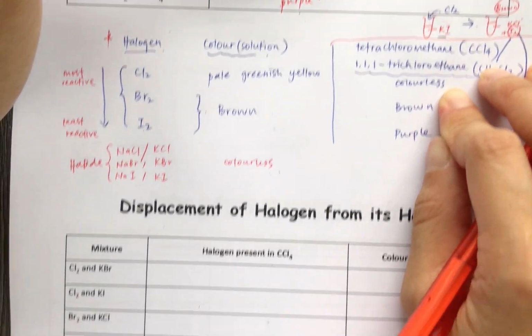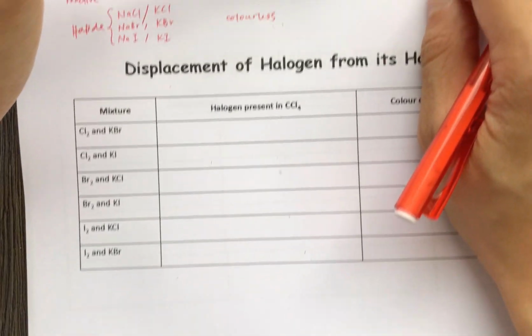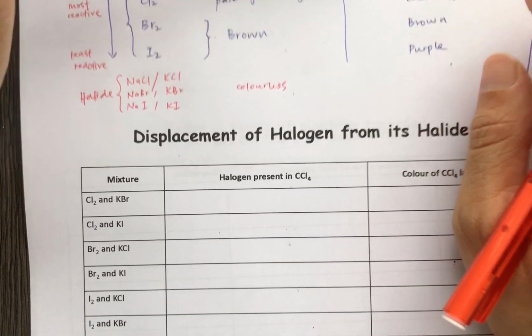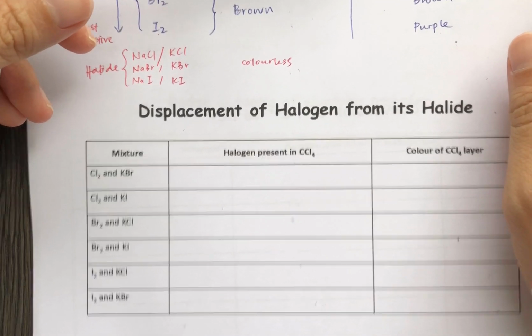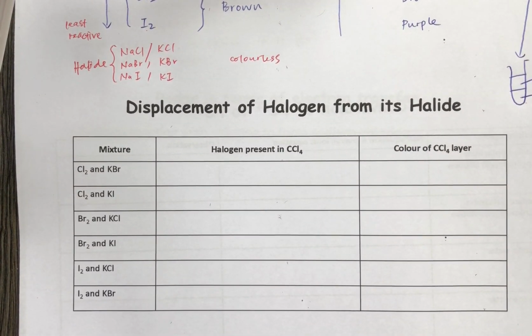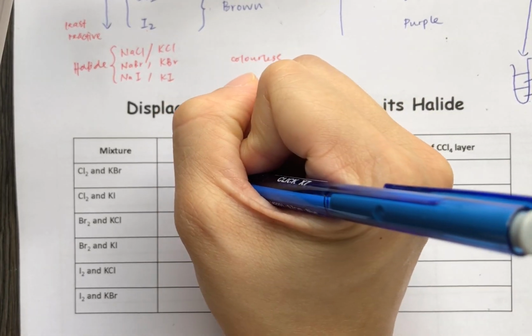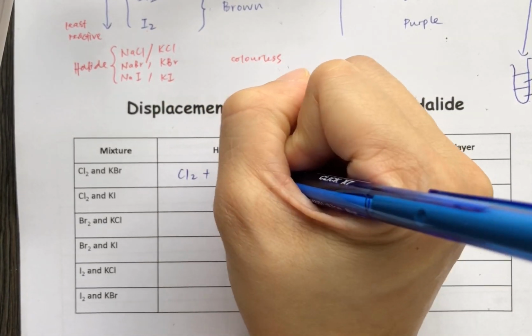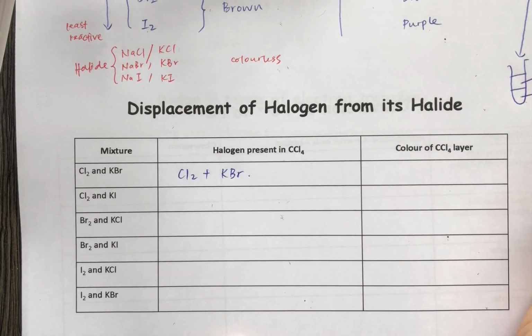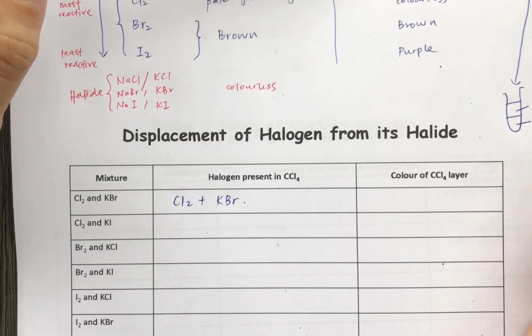So now we are going to look at more examples of displacement of halogen from their halide. Let's try this one. The first one, I have chlorine reacting with KBr, Cl2 plus KBr. Will there be any reaction taking place?